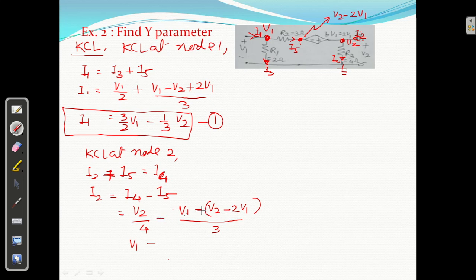और यहाँ पर माइनस माइनस प्लस V2 by 3 प्लस V2 by 4, राइट ना, सो यहाँ आएगा V2 by 4 प्लस माइनस माइनस प्लस V2 by 3, 1 by 4 minus 1 by 3.